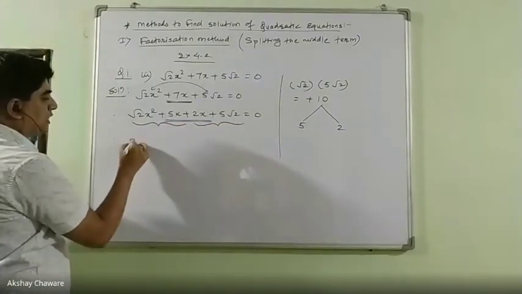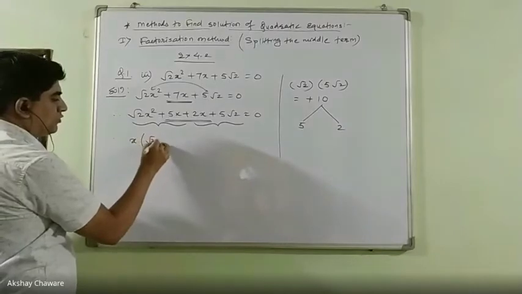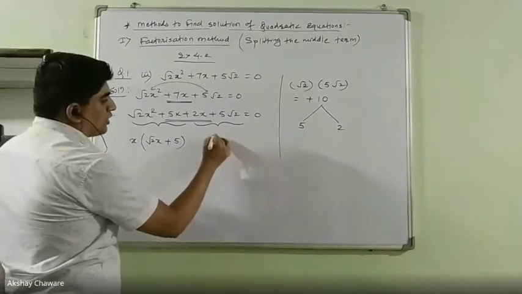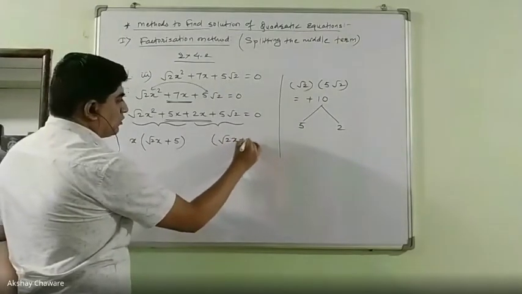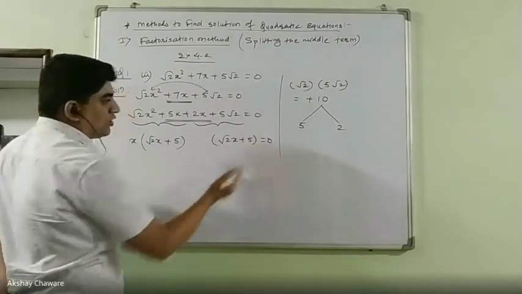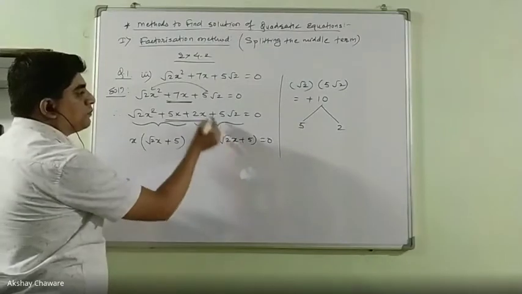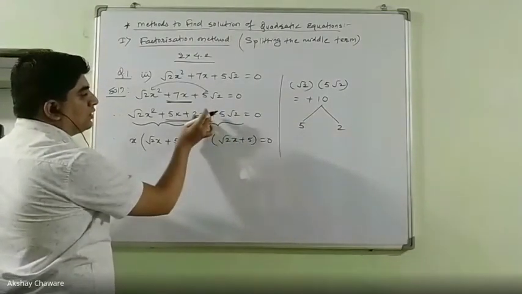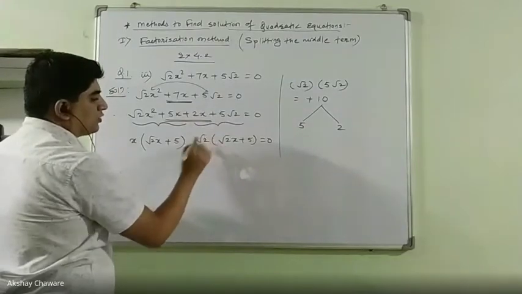So in this group x is a common term, so we will get x into root 2x plus 5, and here again we will repeat this bracket root 2x plus 5, and that is equal to 0. If we compare this term with this group, then root 2x and here is 2x, so the common factor is root 2.